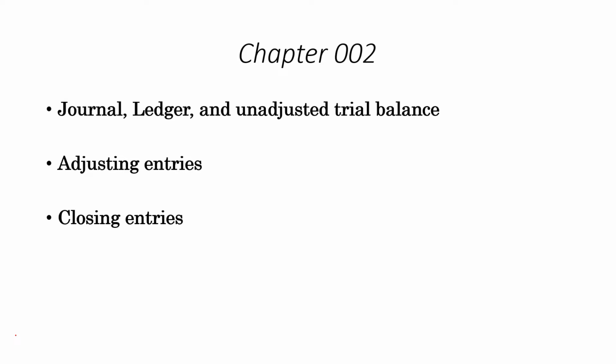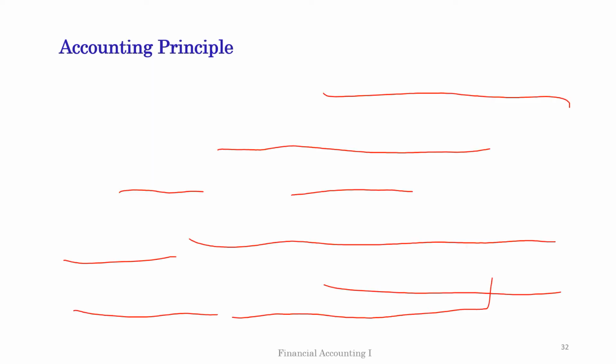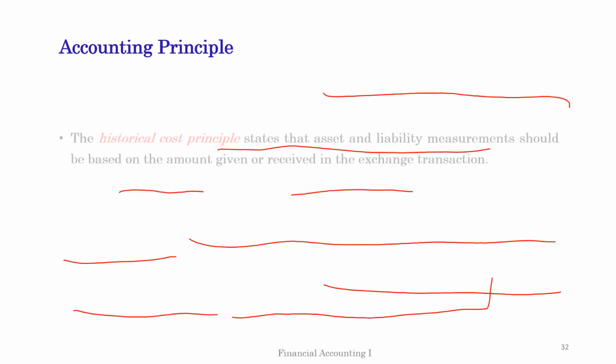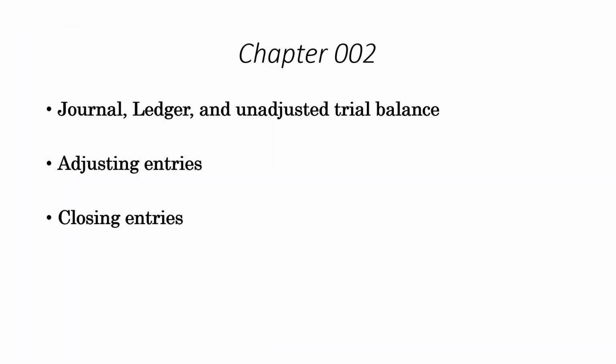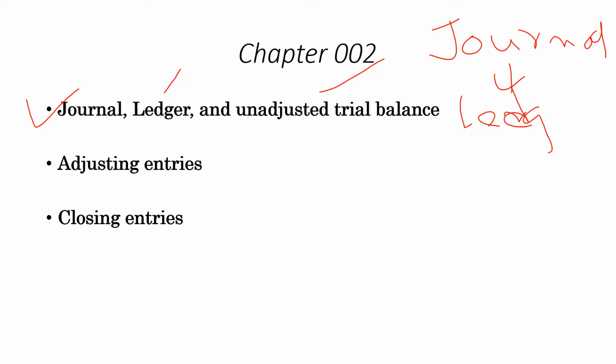So you can see that in chapter 2 we will be testing on journal, ledger and unadjusted trial balance, meaning you will be preparing the journals, and then you will be posting them to the ledger account, and then you will prepare the trial balance.